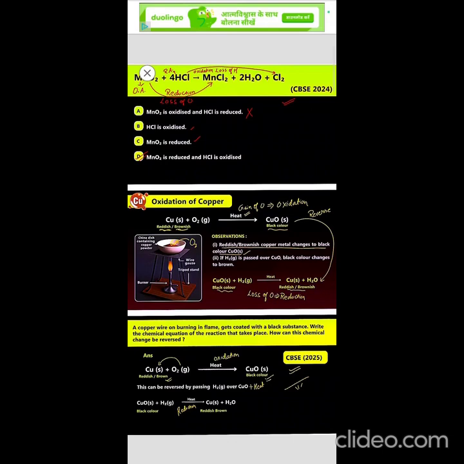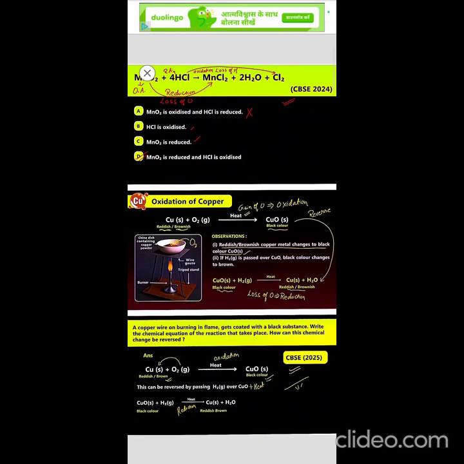The oxidation of copper is a very important example, frequently asked in examinations. In the laboratory, we take a China dish, and in the China dish we take copper powder. Then we heat the China dish in a Bunsen burner.